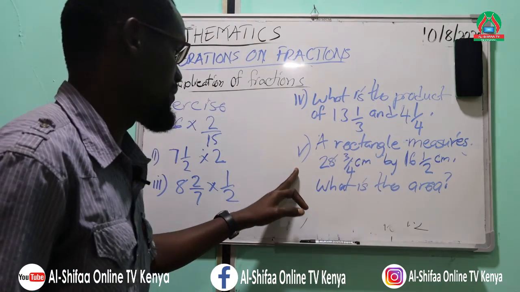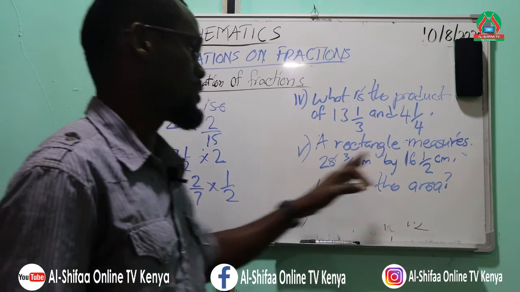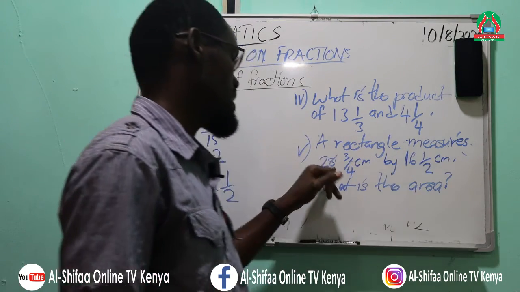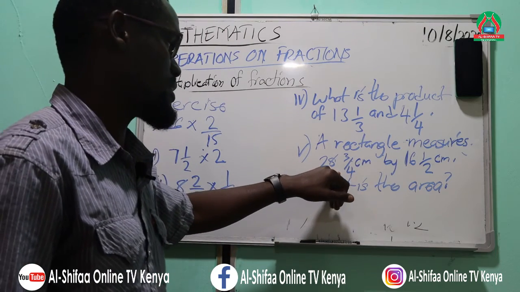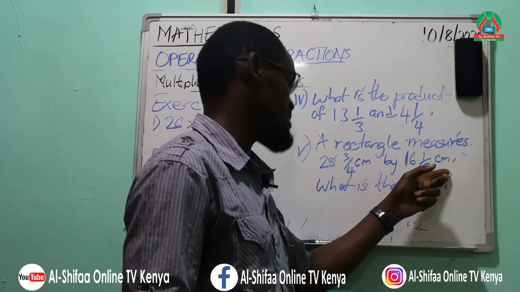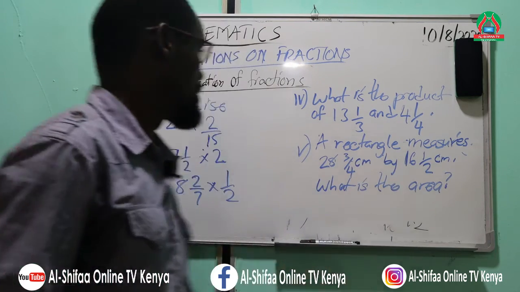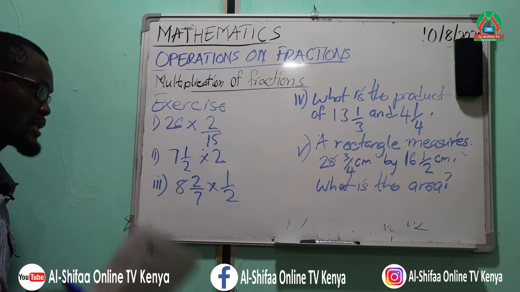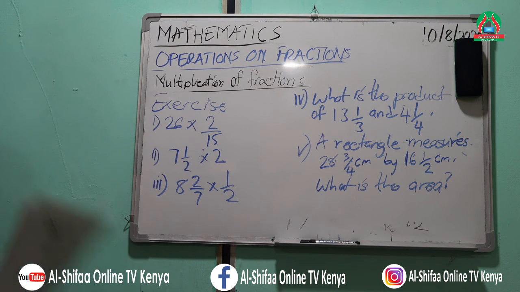And the fifth question is, a rectangle measures 28 3/4 centimeter by 16.5 centimeter. What is the area?